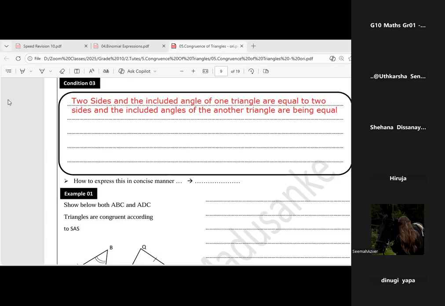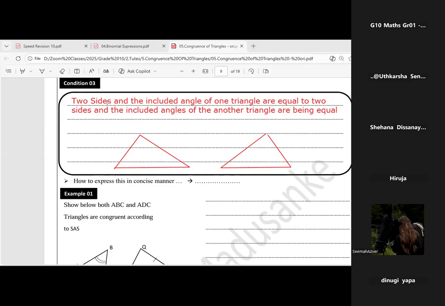Now I will explain this on the board as well. But first of all, you need to highlight the important things. No need to draw this one. First of all, I will tell you what the important words are.